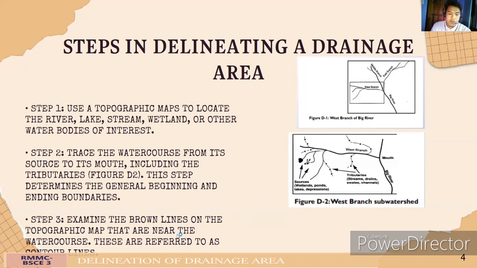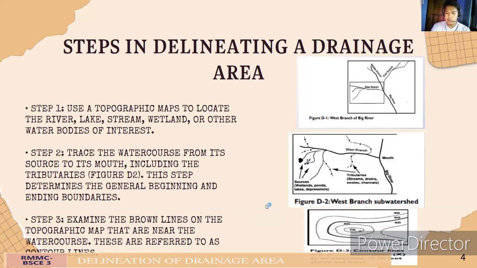Examine the brown lines on the topographic map that are near the water course. These are referred to as contour lines. So let's try to imagine this is a brown line. It is a brown line, though we imagine it because it is not colored. So these are the contour lines that we determine on the topographic map.